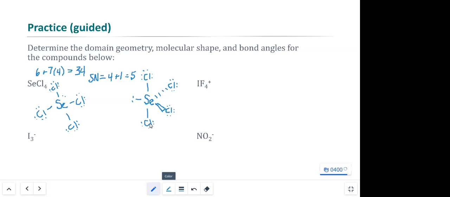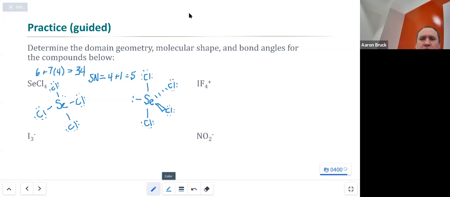Now for context here, I'm going to draw using my molecular model here. The trigonal bipyramidal shape, which looks like this.